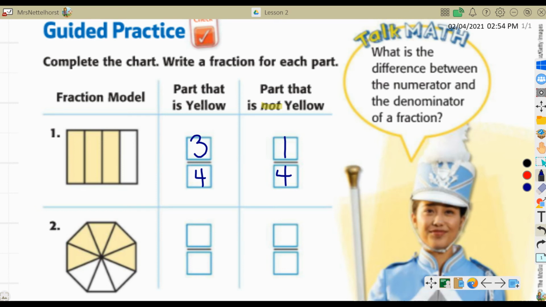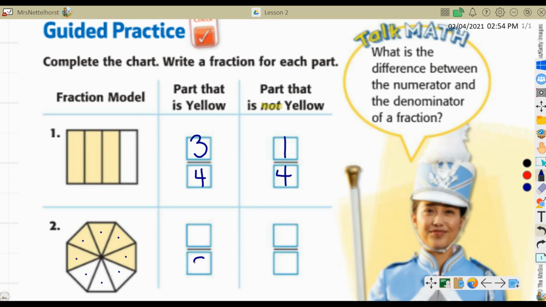All right, for number 2, I want you to do both of those fractions. The first one is the part that is yellow, and then the part that is not yellow. If you need to number the sections so that you can count them accurately, feel free, or just dot each one. Okay, pause the video. All right, so I need to know how many equal parts I have. So 1, 2, 3, 4, 5, 6, 7, 8 equal parts.